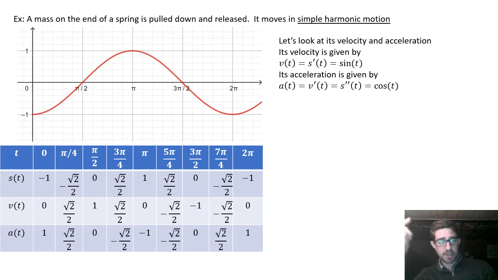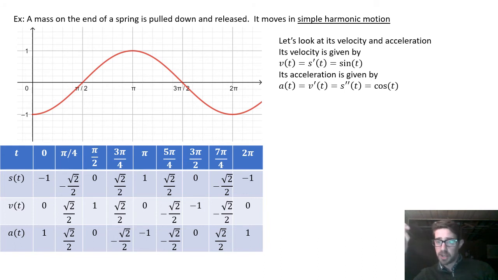Right then it starts to slow down again in a very symmetrical way. At 3 pi over 4, it's back down to 0.7. At pi, it's stopped, right? At the moment when it's turning around, at the very top of its peak, switching from going up to going down, the velocity is 0, because it is essentially stopped at that discrete moment in time.